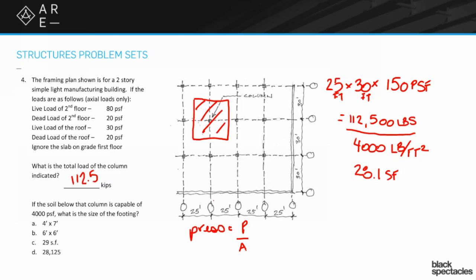But since it doesn't tell us anything about being up against the property line or something, why would you want to do that? The fact that it's not symmetrical makes it harder to get the rebar in there and spread it out. It just doesn't make any sense. But the 29 square feet sure looks pretty good, because that's just bigger than the 28.1. So that's really the answer.